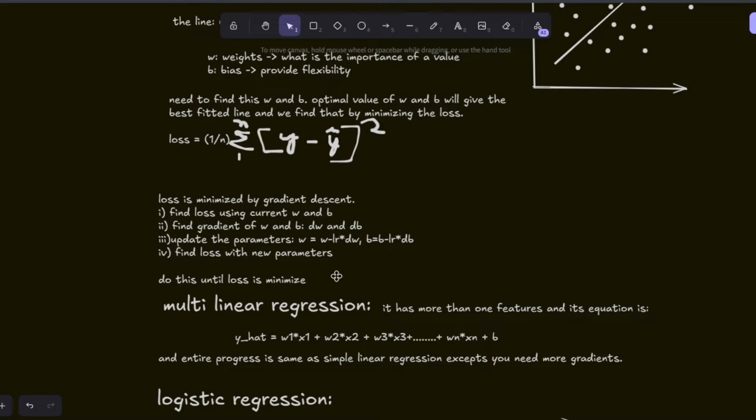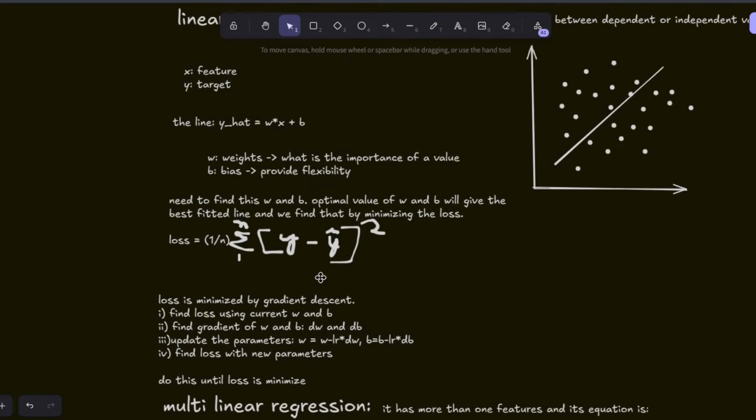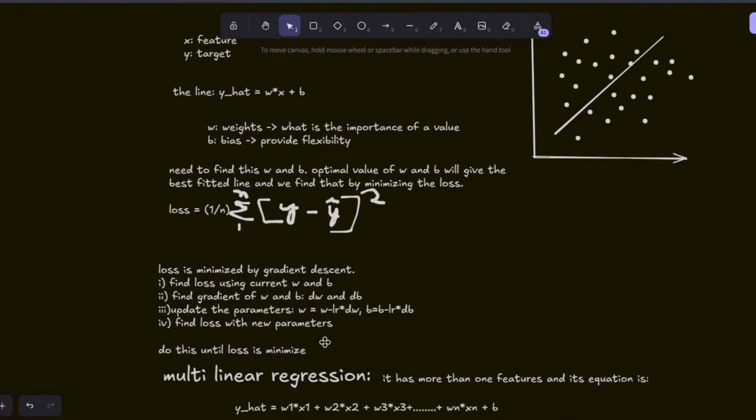Then we find the loss with the new parameters, and we repeat this entire process again and again until we have the minimal loss. When we have minimal loss, we have the optimal values of W and B, and that's it. After we have the most optimal values of W and B, we can put them in this equation and we will get the best fit line, and we can predict values for this model.